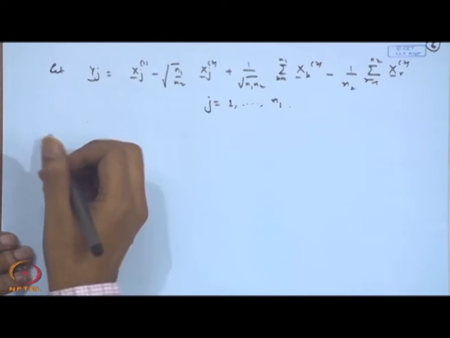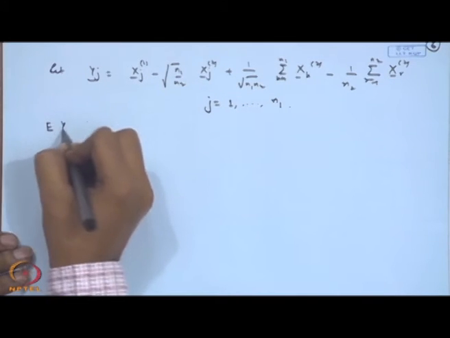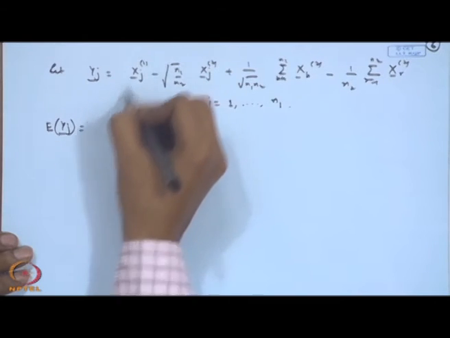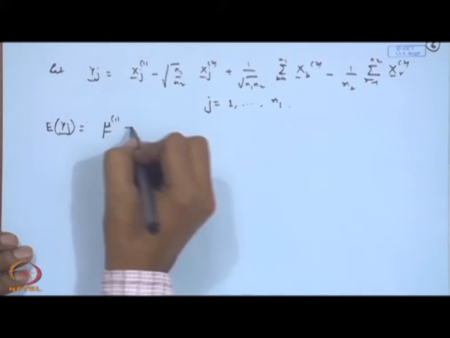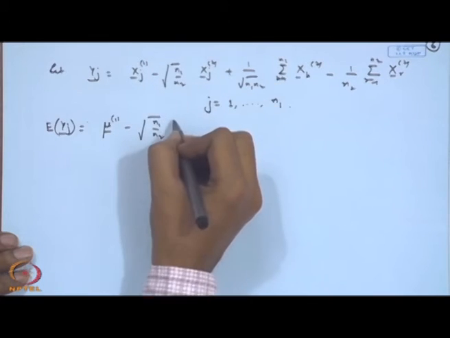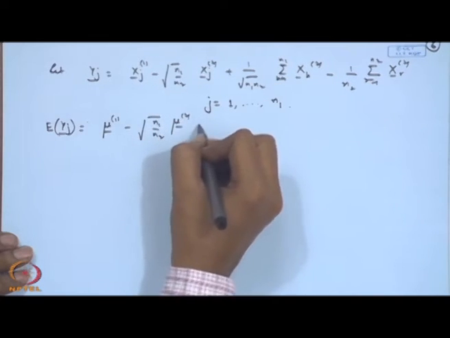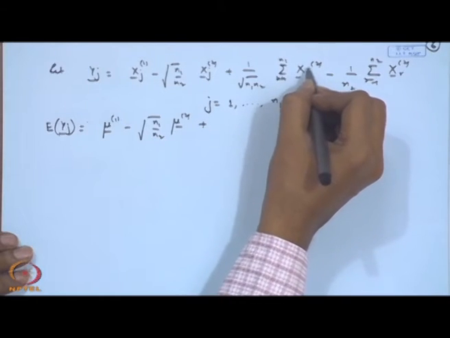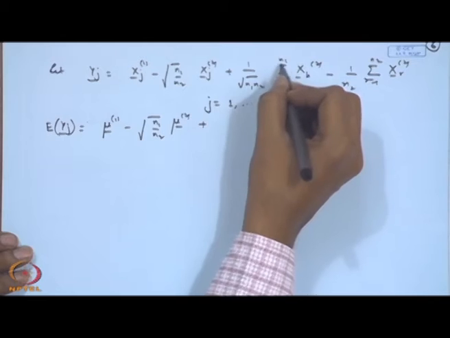Let us see the effect here. If I consider the mean of this, then I get the mean of the first one, that is mu_1, minus root n_1 by n_2 times the mean of the second one, that is mu_2, plus, now the mean of x_k2 is mu_2 and these are n_1 observations.